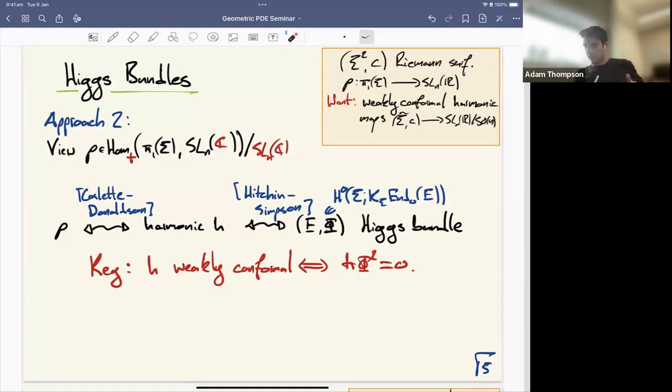The benefit of this is that when I take a rho and cook up a harmonic map using Corlette and Donaldson's theorems, I don't have much knowledge of this harmonic map, and it's not at all clear when it's going to be weakly conformal. Whereas on the Higgs bundle side, it allows us to pinpoint precisely the ones that turn out to be weakly conformal.